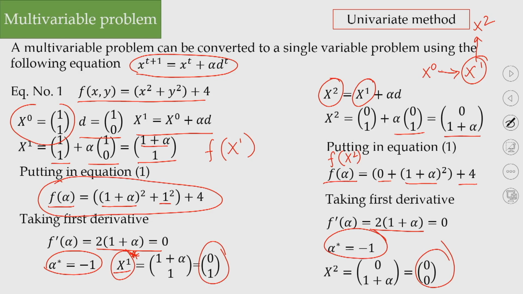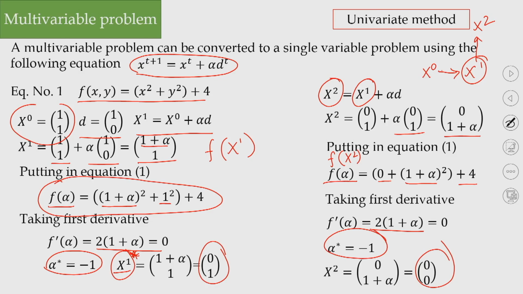If the derivative value is sufficiently small, it will not be 0, but it will be small, say 10 to the power minus 3, minus 6, minus 12, whatever precision you need. So, you define that if the derivative value is sufficiently small, you will stop your iteration. In this case, I can put this in the first derivative of the objective function and check whether the derivative is 0 or near 0 or not.